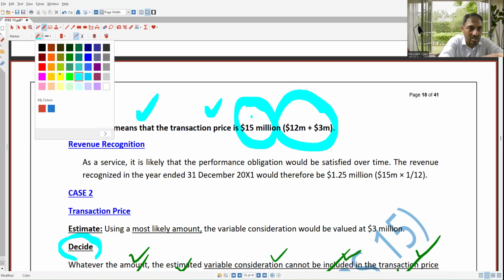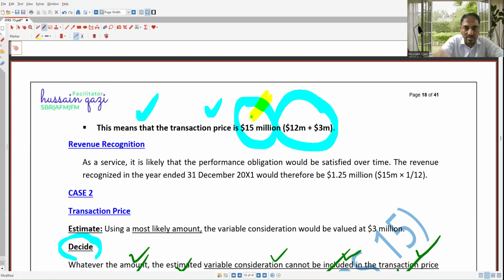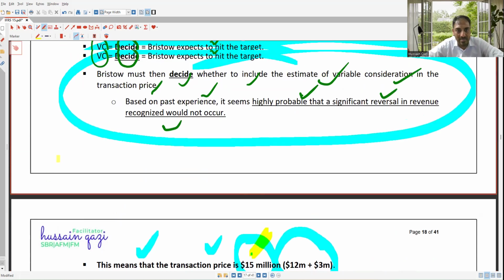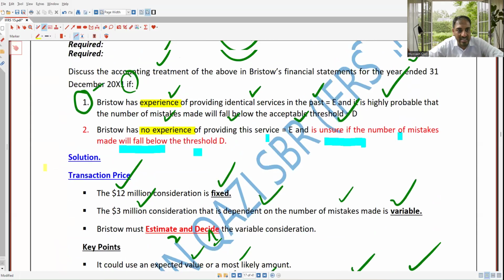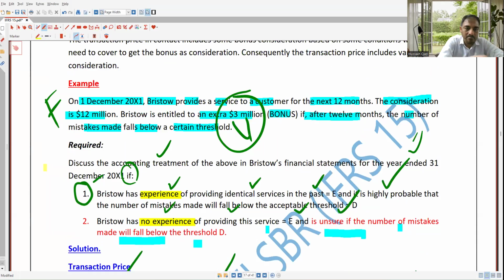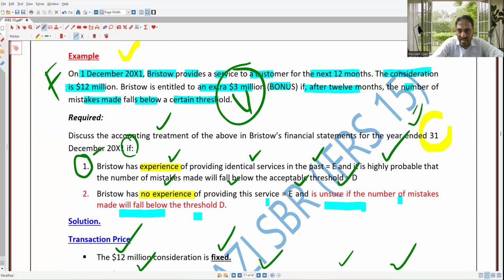If the transaction price is 15 million, how do we recognize the revenue? Do you remember that? In this case, 1st December X1 was the date of the contract, and our reporting date is 31st December X1. So that's about 1 month.